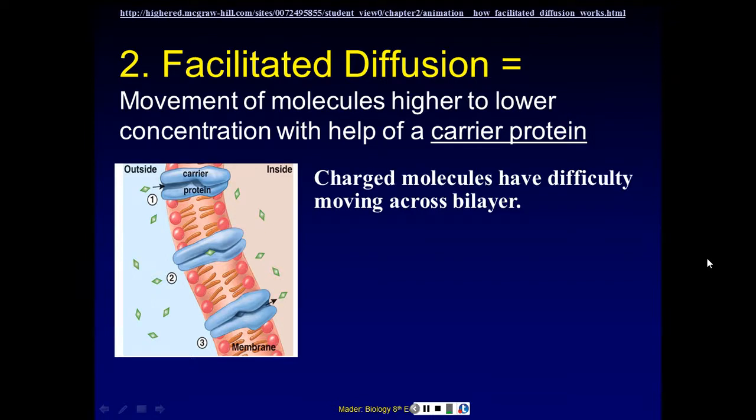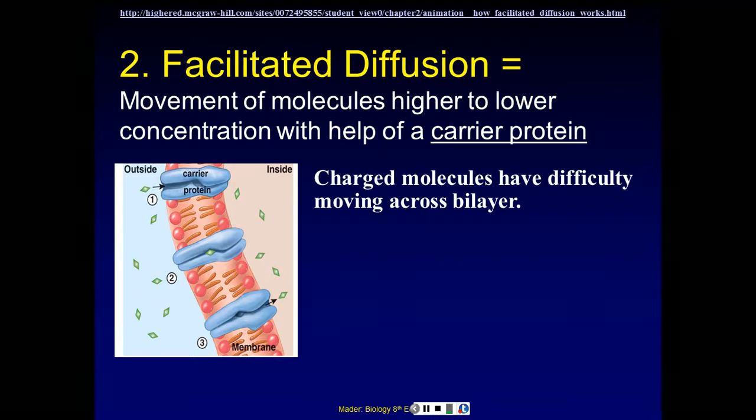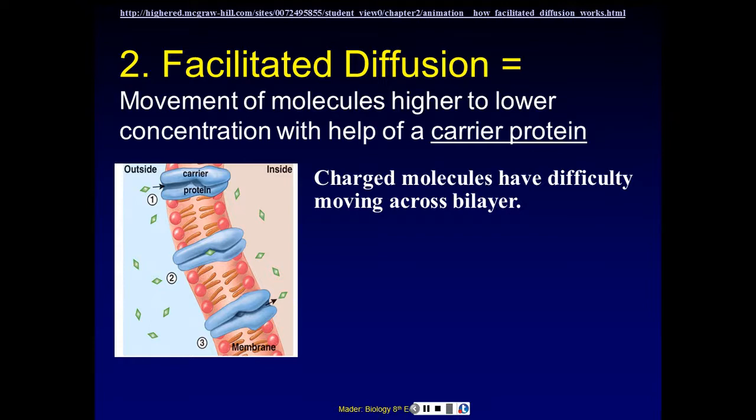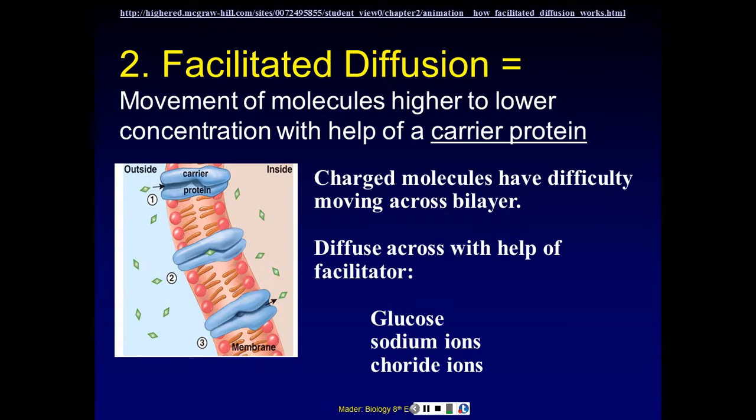Charged molecules have difficulty crossing the layer. They're oftentimes moved with a carrier. Molecules that do move across the membrane, like with the carrier proteins, are glucose, sodium, and chloride ions. Any type of ion is going to have a hard time going through that hydrophobic area right here. So they more often go through the membrane there.